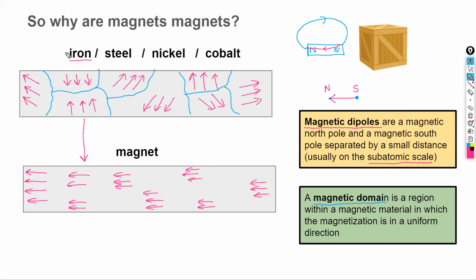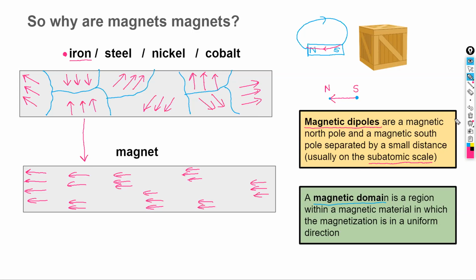So if you could take a piece of iron and tell all the dipoles in the iron to get their act together and face the same direction, the piece of iron will change into a magnet. That's the only difference between a piece of iron and a magnet. You just have to find a way to get all the dipoles to face the same direction.